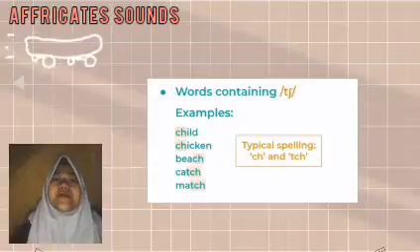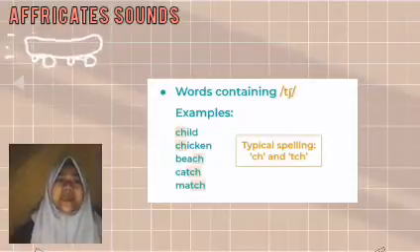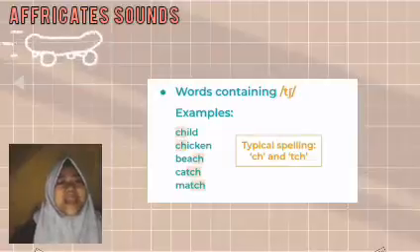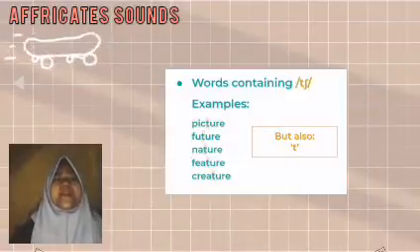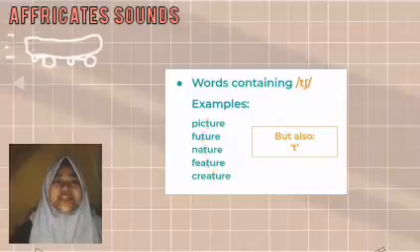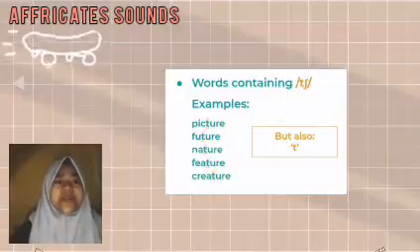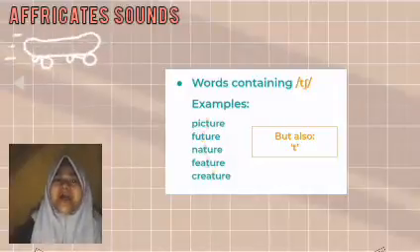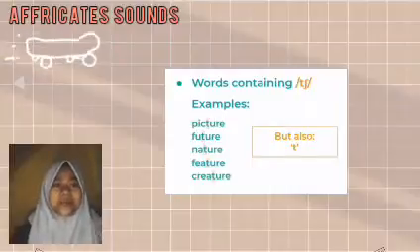All of those words contain this sound, and the typical spelling is CH or TCH. And here are some more examples like picture, future, nature, feature, creature. Here the spelling is only T, but again that letter is pronounced as ch.